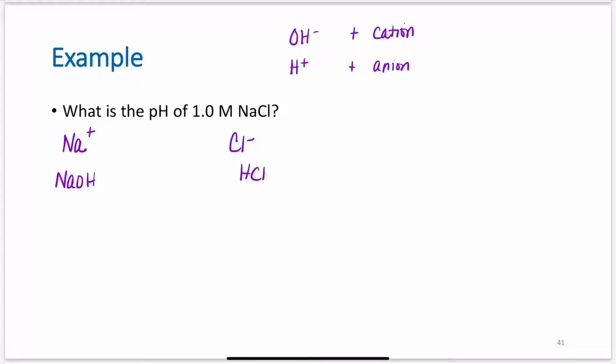And then I look at them and say, what do these look like? This is a strong base. This is a strong acid. So the shortcut is that NaCl is a salt of sodium hydroxide and HCl, which means it is neutral. And the pH is 7.